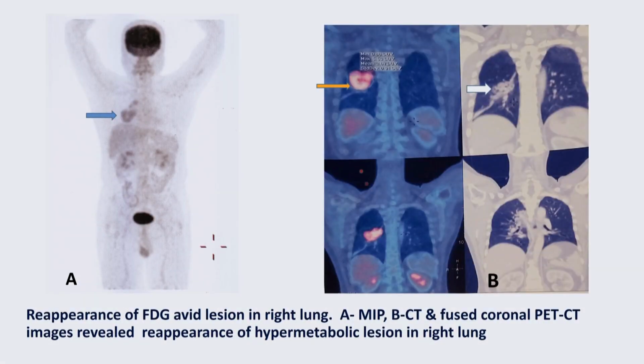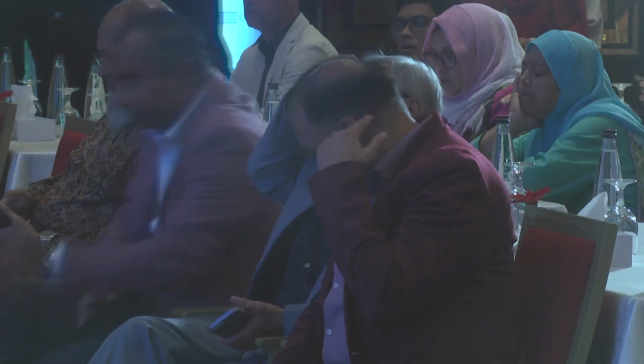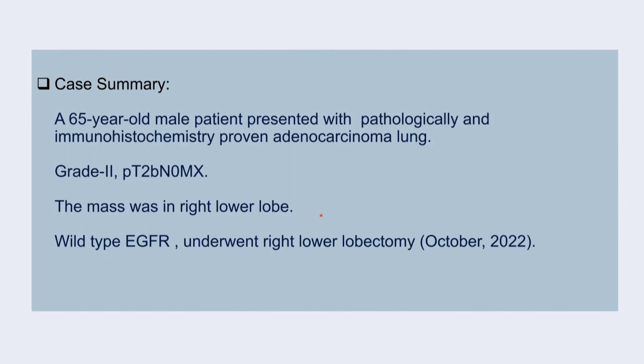But after 24 months, this patient developed a new lesion in the right lung. So at that point, we did a dual-time PET-CT scan to confirm it as a malignant recurrence. And after giving radiotherapy, this patient showed resolution of this lesion.